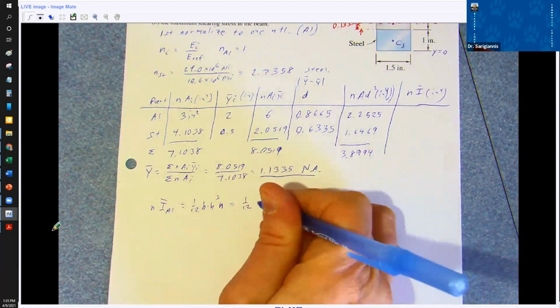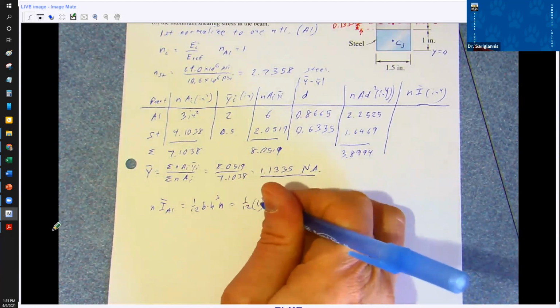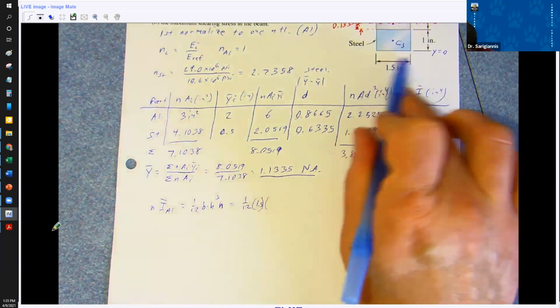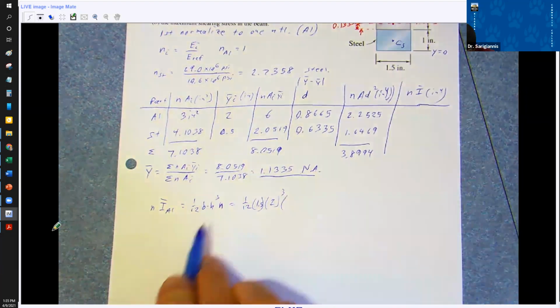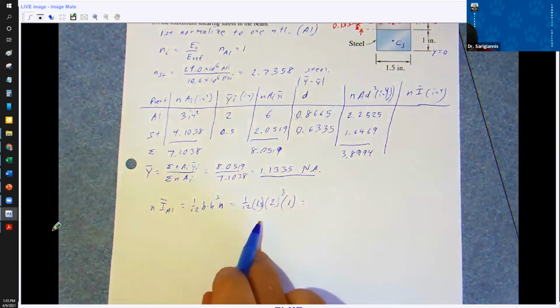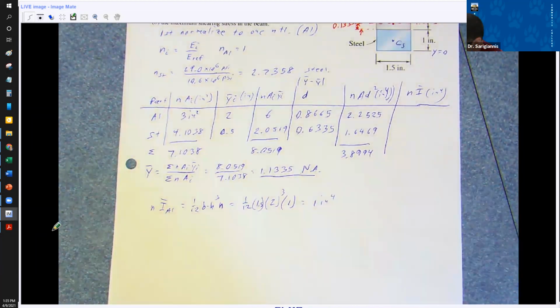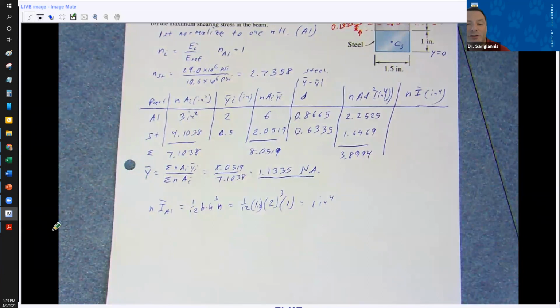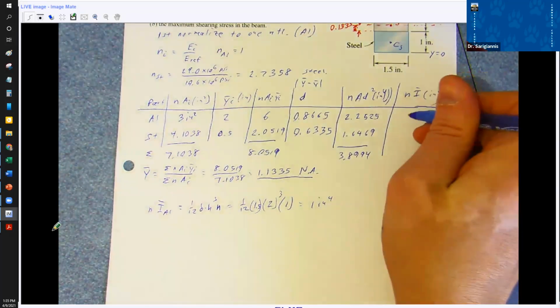For the aluminum, our base is 1.5, our height is 2 and that's cubed, and our N is 1. So 8 times 1.5 divided by 12 gives you 1 inch to the 4th.